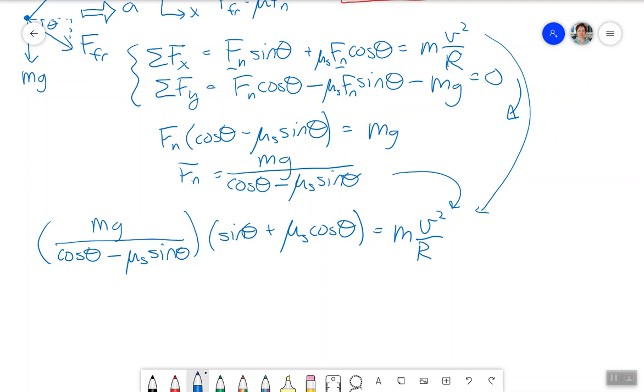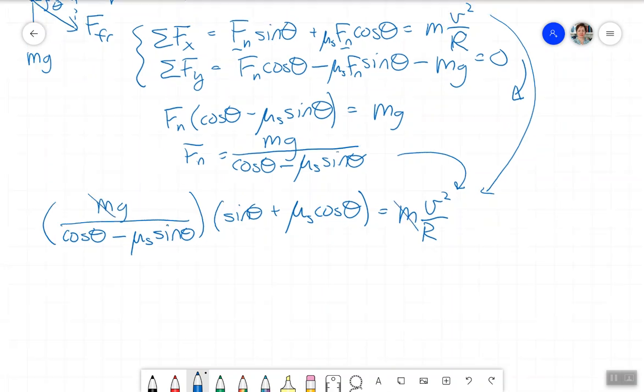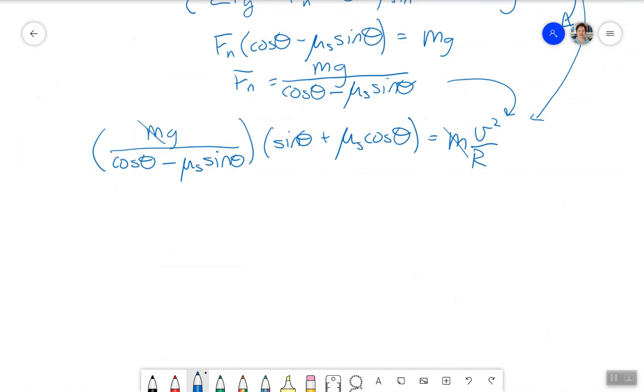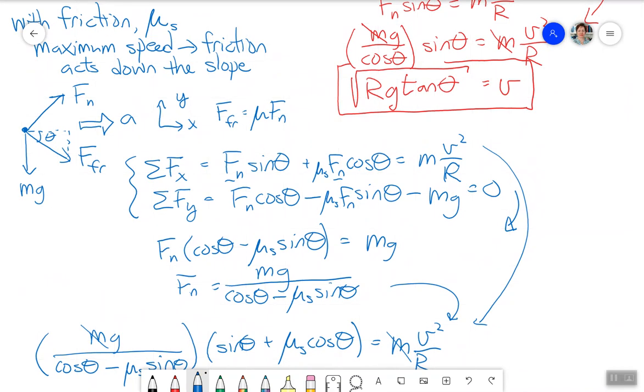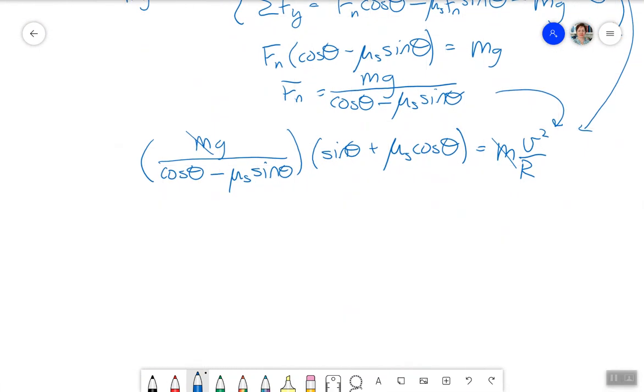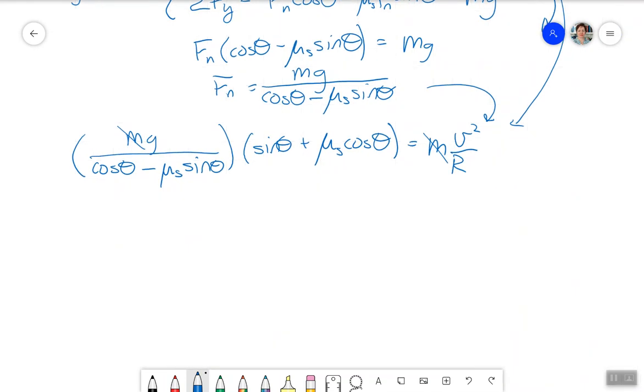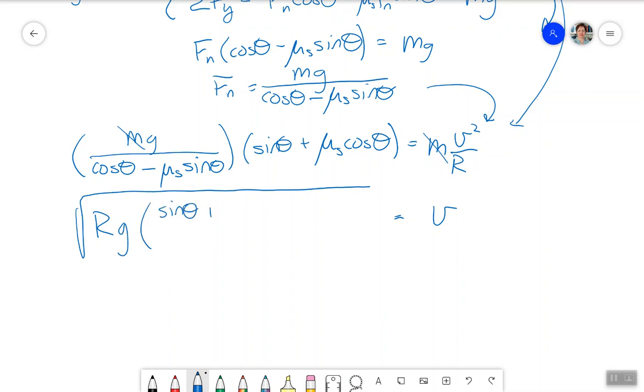Once again, the m's cancel. Notice that up above, the speed was the square root of r times g times tan theta. We're going to have a similar thing here: v is equal to a square root, and we're also going to have an r and a g, only now what we have is much more complicated: sine theta plus mu s cosine theta, divided by cosine theta minus mu s sine theta.